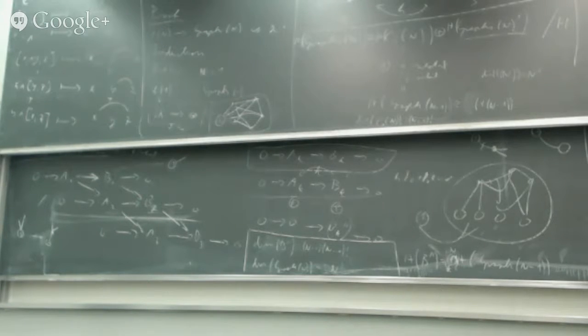The map is not injective. Actually, it's easier to show that the map is surjective. I mean, the map on homology, not the map there. Yes. The other guy is much bigger.